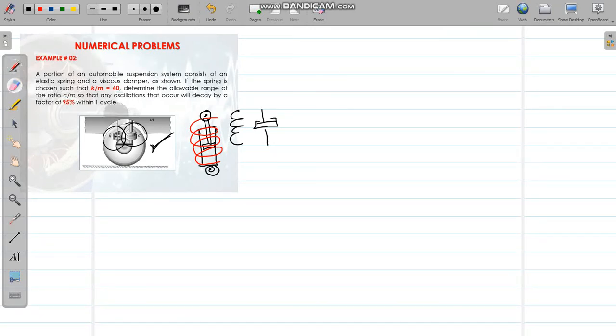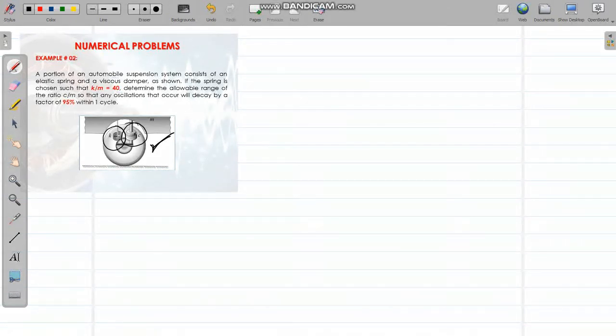Now, the numerical says a portion of an automobile suspension consists of an elastic spring and a viscous damper. In cars they use a piston cylinder damper, which generally uses a shock oil, I think 10W grade. So these are generally classified as viscous dampers.